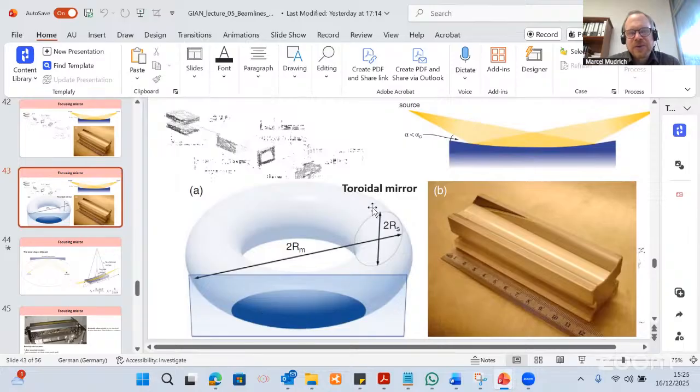Toroidal mirrors have a circular profile along one direction, so there's a constant radius in these two, the meridional and the sagittal directions.